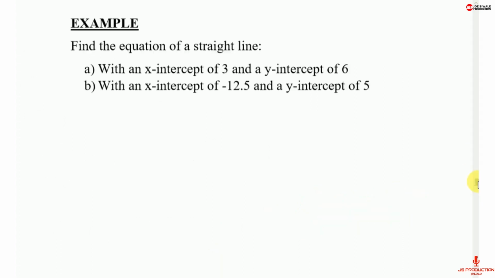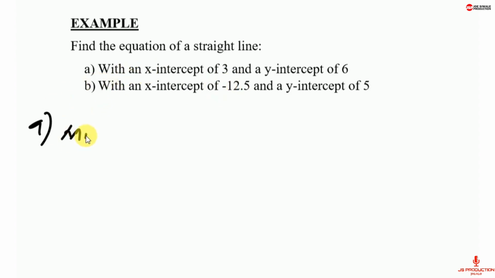Let us now look at the example that we have been given. The example reads: find the equation of a straight line A with an x-intercept of 3 and a y-intercept of 6. I'm going to show you two ways you can calculate this equation.